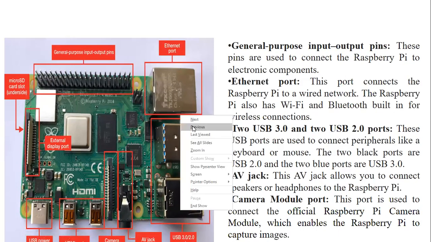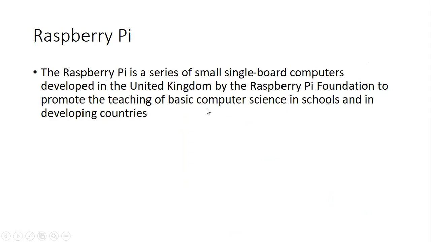So basically, when you are using an Arduino board, you need some accessories with that. But when you are using Raspberry Pi, you can use this Raspberry Pi as a single board computer.